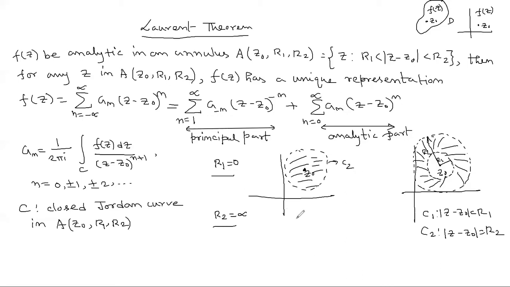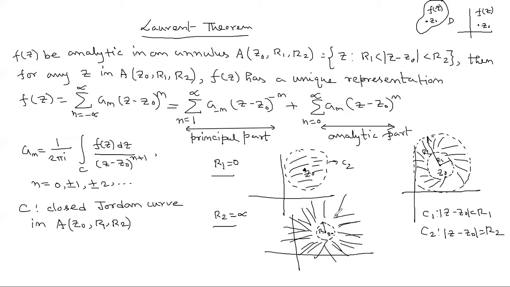In this case, the function is analytic outside the circle with center z0 and radius r1, inside which it is not analytic. So this is also an annulus region.